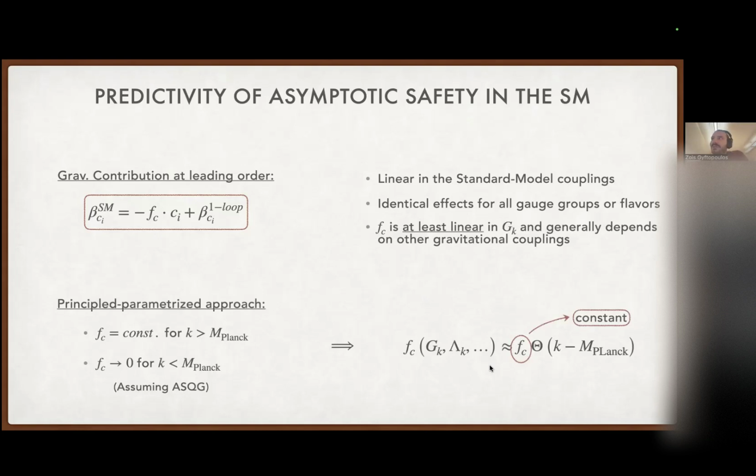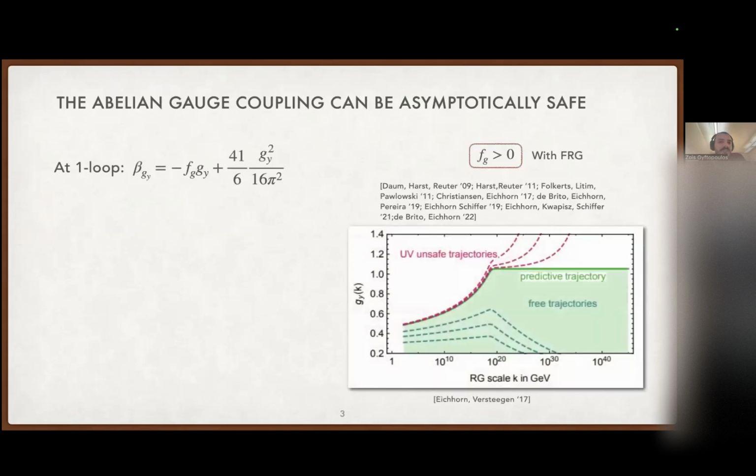So now I would like to say how these kinds of gravitational contributions play out in the standard model. The simplest example is the abelian hypercharge. At one loop, this is quadratic in the g_Y coupling, and here we have a gravitational contribution f_g. Several FRG studies have shown that this f_g is positive.